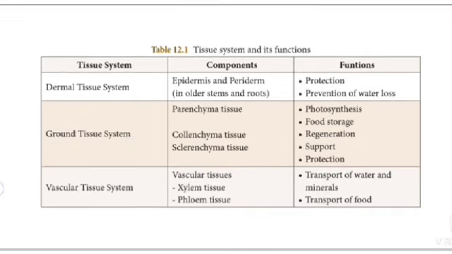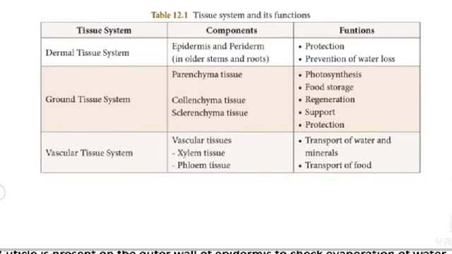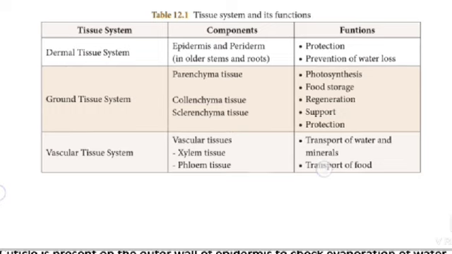Ground tissue system: parenchyma tissue, collenchyma tissue, sclerenchyma tissue; functions are photosynthesis, food storage, regeneration, support and protection. Vascular tissue system: xylem tissue and phloem tissue; functions are transport of water and minerals, and transport of food.